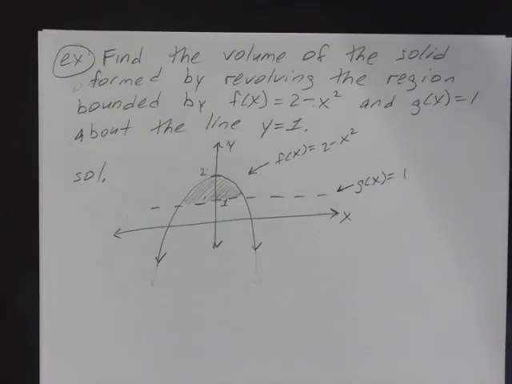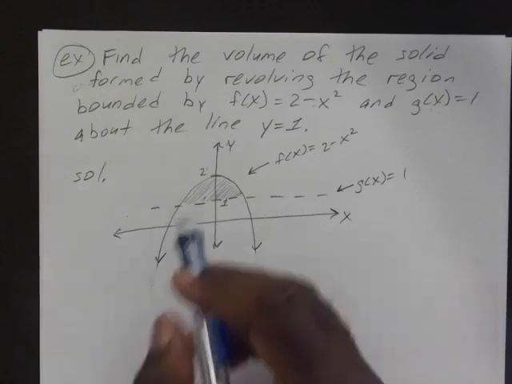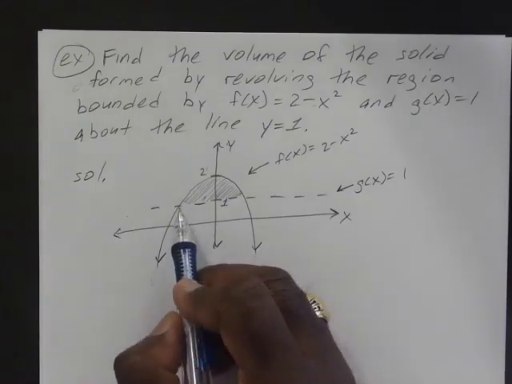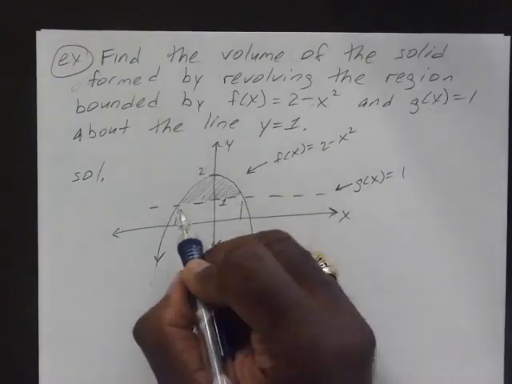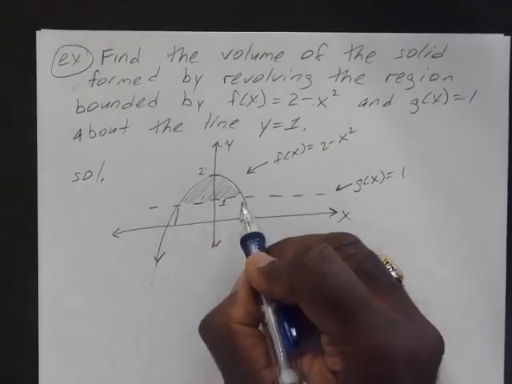Okay. Now, the first thing we have to do is find our, well, we can do this second, doesn't have to be first, but the first thing I would do is just find the interval. So we know the interval is going to be right between there.